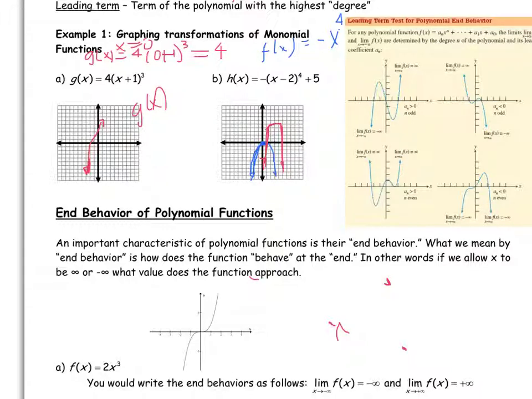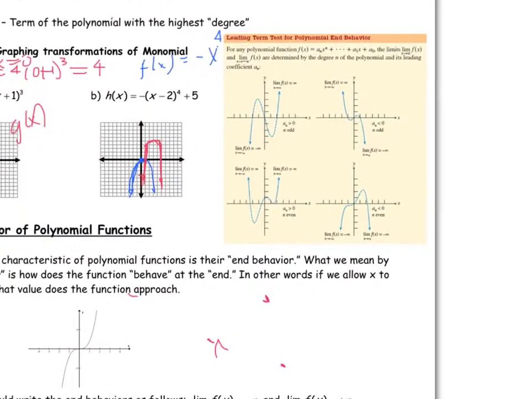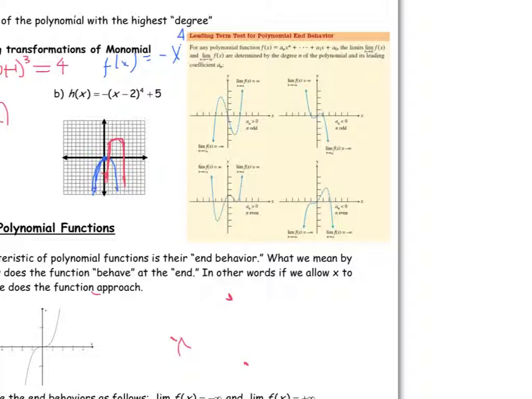Up here in this table, I'm going to slide it over a little bit and talk about that for a minute, mostly because I did a little review on end behaviors. When the degree of the polynomial is odd, its end behavior is going to mimic that of a line.